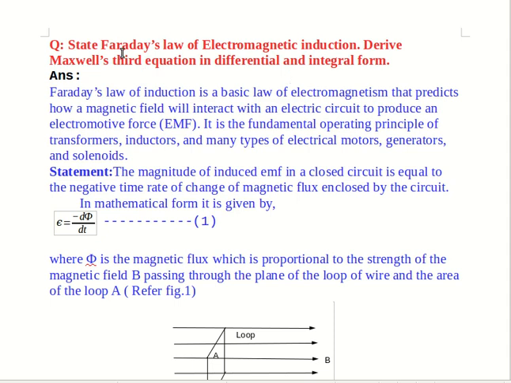For the statement there will be 3 marks minimum, and for the derivation, maybe in differential or integral form, 5 marks will be allotted. If the whole question is asked in the examination, this question will be for 7 or 8 marks. So depending on the question you have to write the answer. Now let us see how to write the answer here.